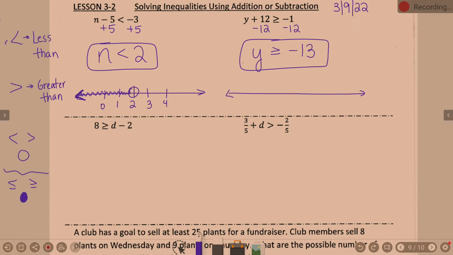What's one number that has to be on this number line? Negative 13. My answer has to be here, yes? Yeah. Now, this is the part I figure you guys might mess up. What are numbers around negative 13? Negative 12. Which side is negative 12 on?